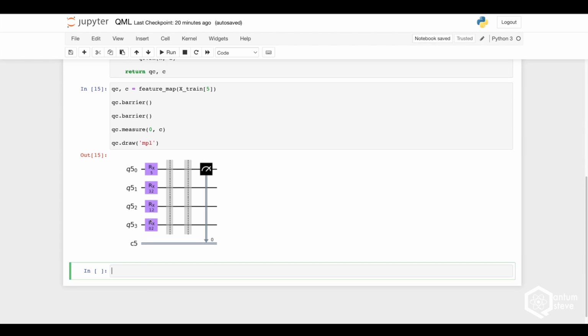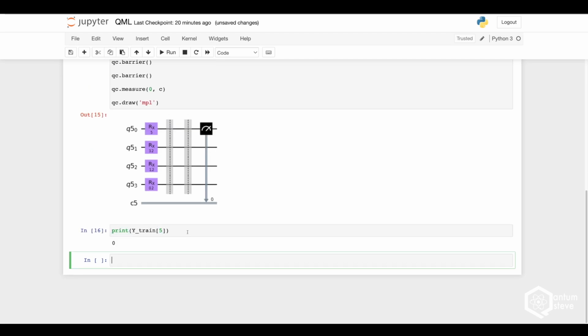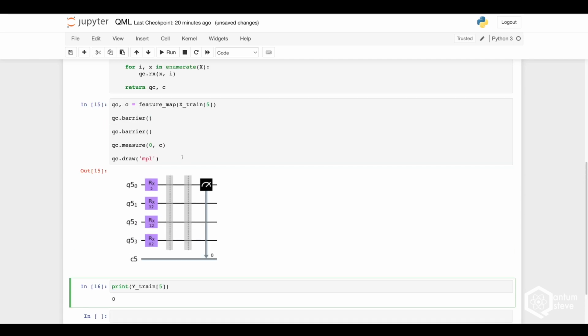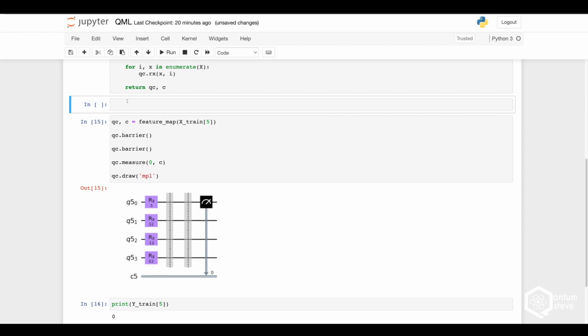The right label in our case would be y_train at 5. So in this case, we would want the quantum circuit to output 0. So now I'm just going to be coding the quantum variational circuit, which goes in between those two gray lines. And I will explain to you how it works.